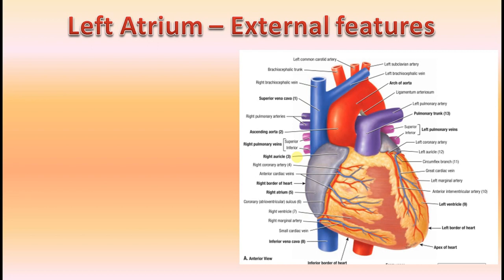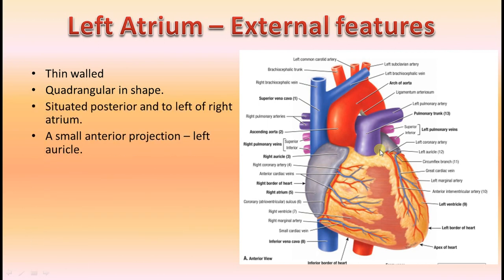Now we will move on to the next chamber, the left atrium. The left atrium is thin walled as compared to the right atrium, and it is quadrangular in shape. You see a very small projection compared to the right auricle, that is the left auricle, situated behind and to the left of the left ventricle.